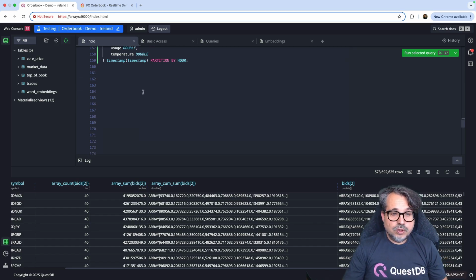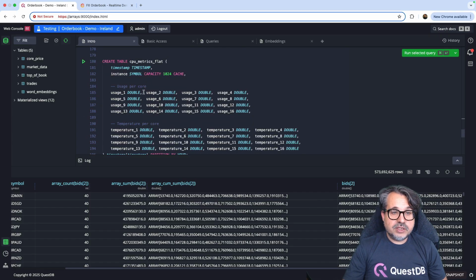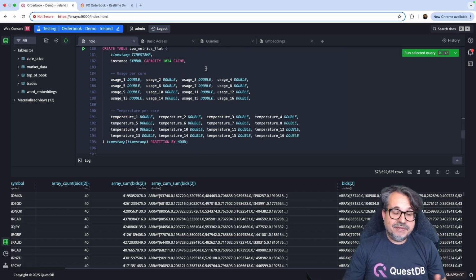So you could go to a next scenario in which you instead create a flattened table with the timestamp, the instance, and then 16 values for the usage and 16 for the temperature, but again, the queries are going to start to look weird.